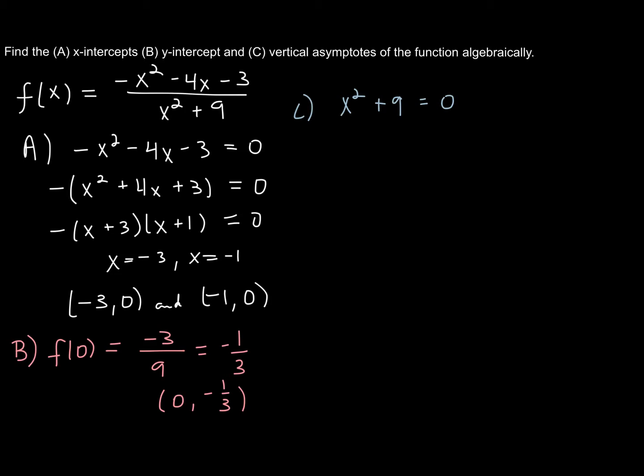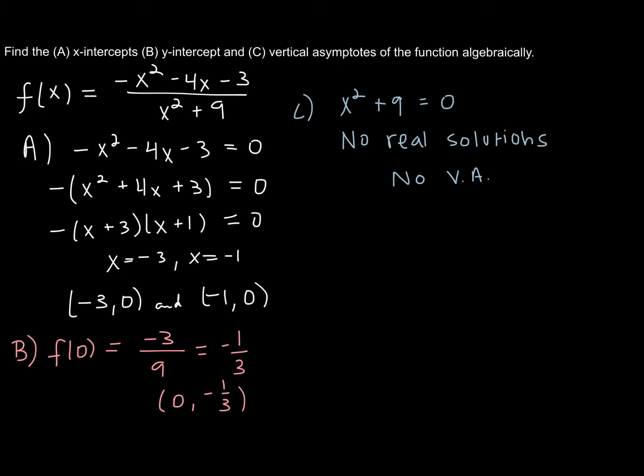Hopefully you identify visually that this quadratic equation has no real solutions, since something squared will always be positive, and a positive plus a positive will never be 0. So no real solutions, and therefore there are no vertical asymptotes.